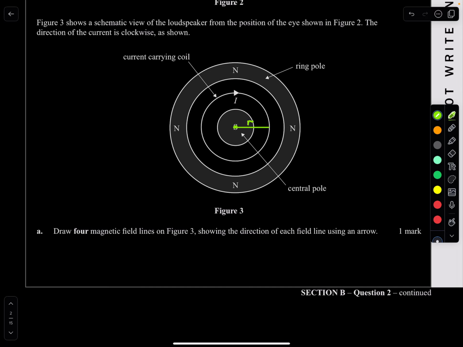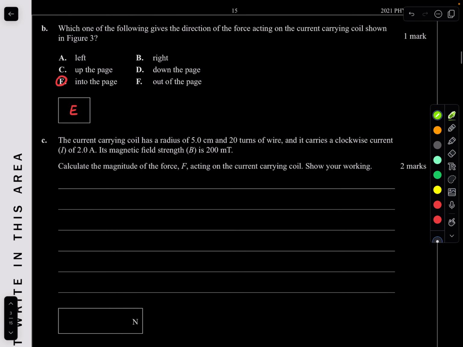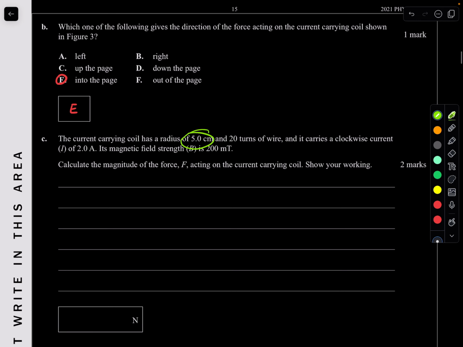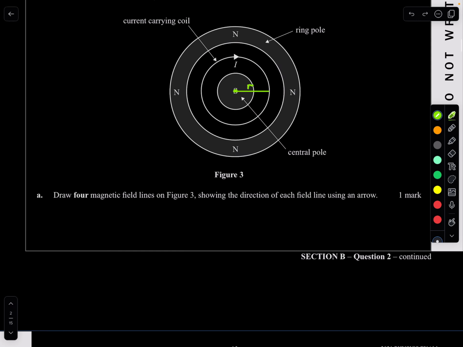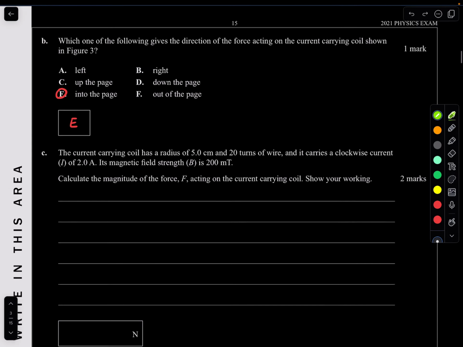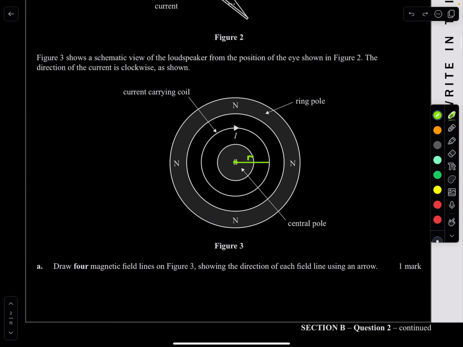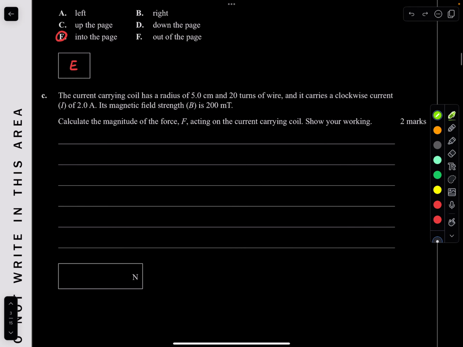So to do that, we need the length. Be careful. I think a lot of students will make the mistake of just writing 5 centimeters. Remember, this is your radius. We want the length of the total circular coil, which is the circumference. The total length is the circumference. So to find the circumference of a circle, it's just 2 pi r, where r is your radius.